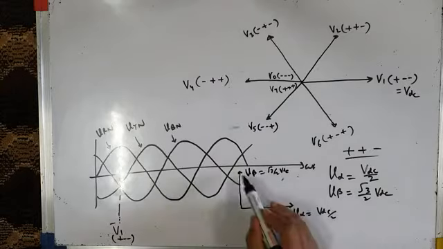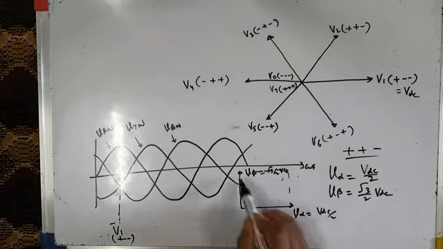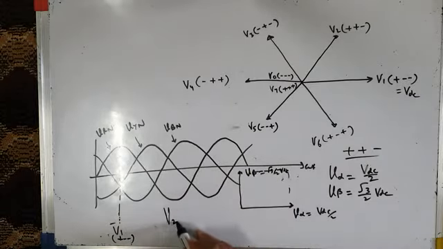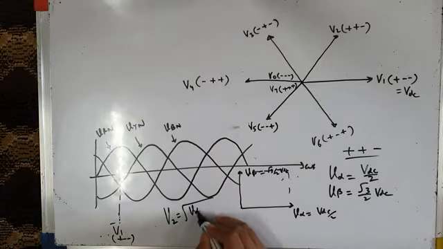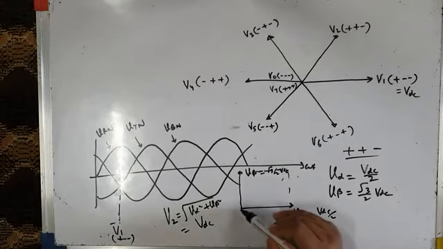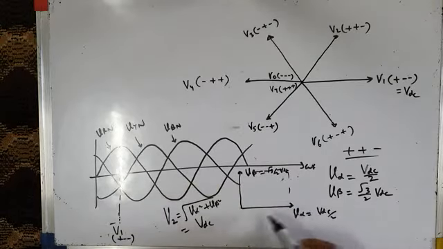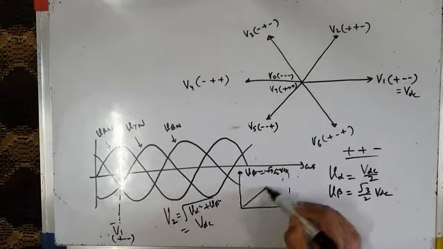Now I want to find the resultant component. How to find the resultant voltage vector? The resultant voltage vector is the vector sum of V alpha and V beta. Let me call that voltage vector V2. That is the square root of V alpha square plus V beta square, and if you add them up, this also comes out to be VDC. And where will that resultant vector be? It would be somewhere here.